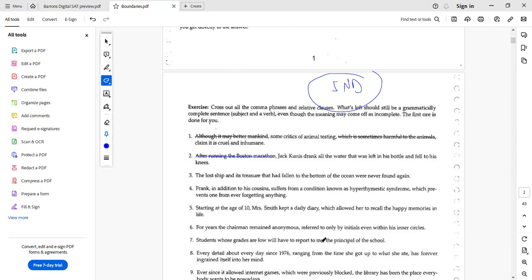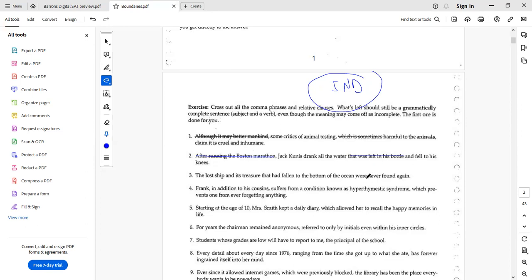There is another one that you're going to cancel. "That was left in his bottle." Excellent. So now the main sentence, the independent clause: Jack Collins drank all the water and fell to his knees.